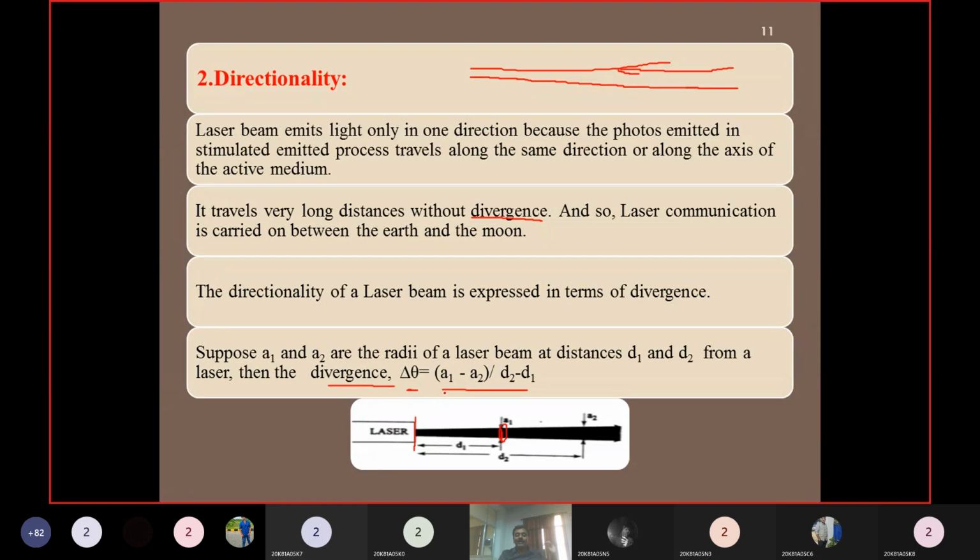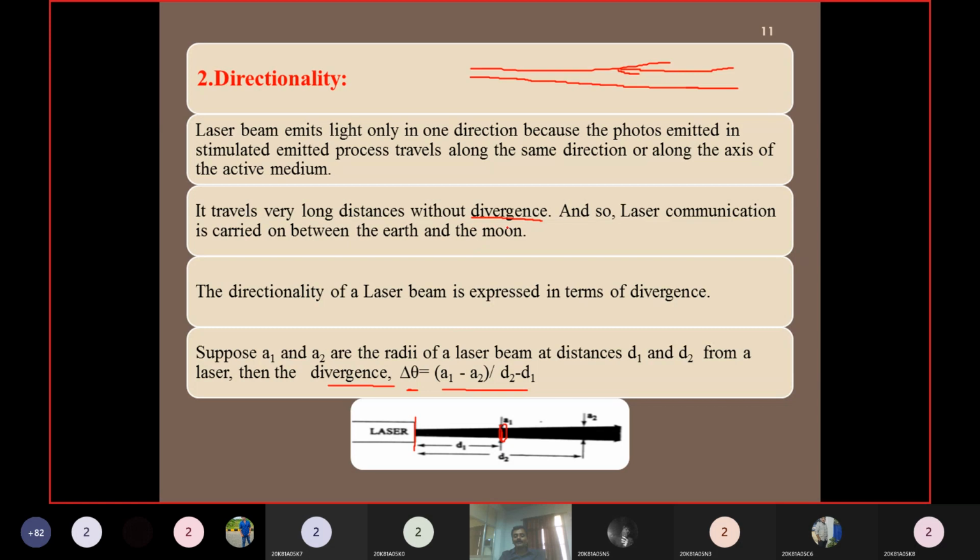Angular spread is very less in the case of lasers, so approximately this divergence is negligible. With increasing distance, even if you take the difference between a very long distance, a1 minus a2 is very small, so the del theta value is also very small.